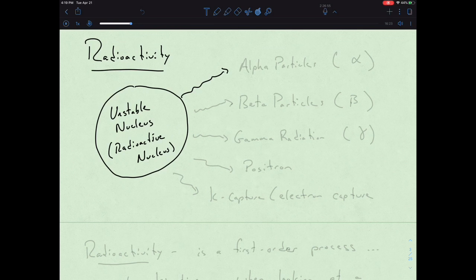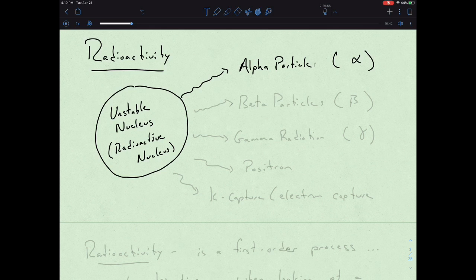And so we have first our alpha particle. That's given the denotation of the alpha Greek letter there.